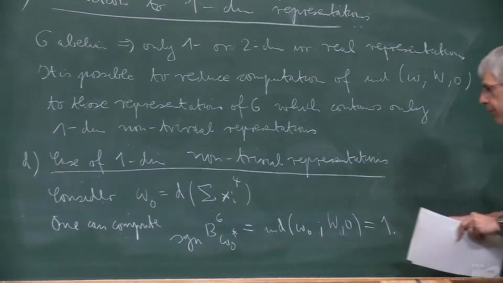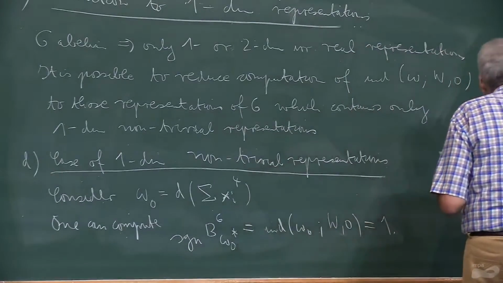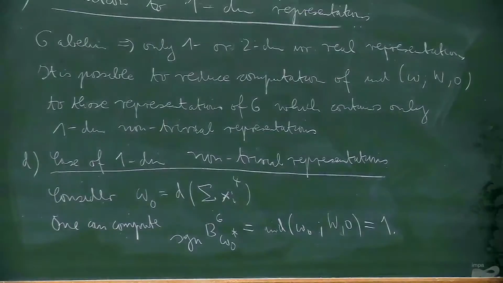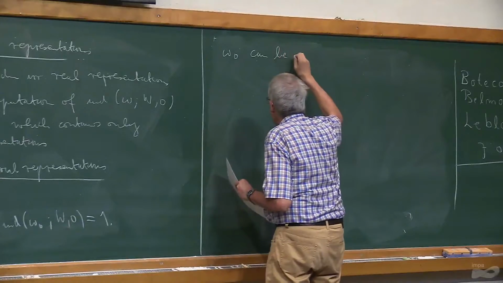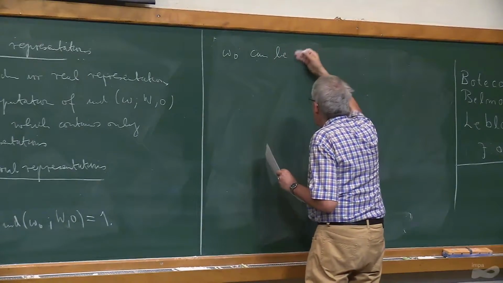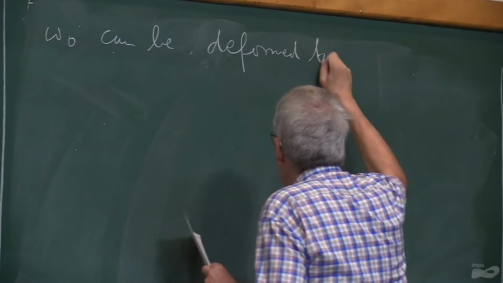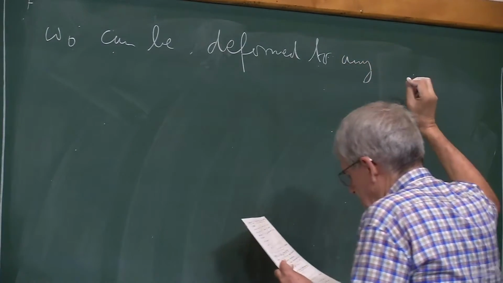And now this form omega 0 can be deformed to any non-degenerate form. One can show that omega 0 can be deformed to any non-degenerate form.